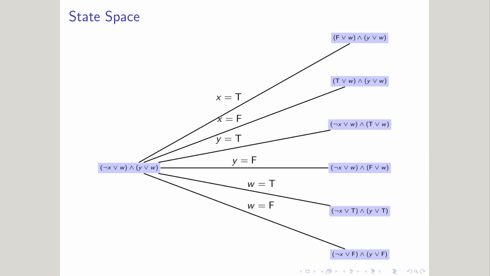If I just have one clause here, I didn't want to write the whole thing out, but let's say these are my only two clauses in my whole formula to satisfy. Now I could think for each variable, so there's x, y, and w, each one can be true and false, true and false, true and false.